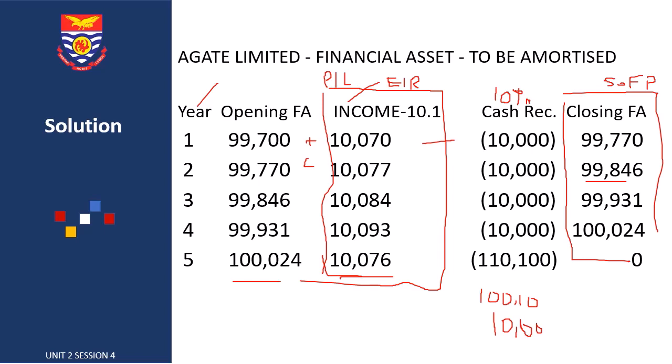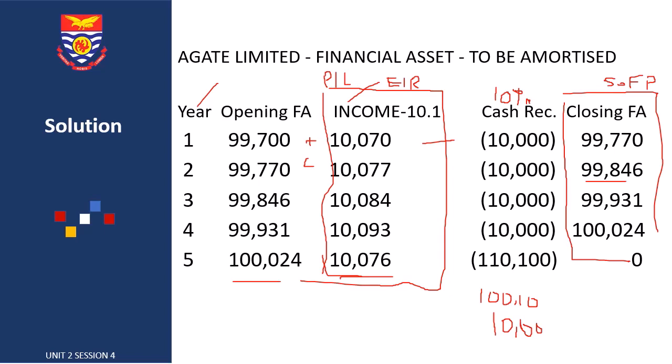This will go to other income or investment income, and this will be the closing balance of the financial asset. Second year, you will send 10,077 to profit or loss account, then 99,846 to financial position as the closing balance for financial asset for year 2. You do that so we get to the final year.